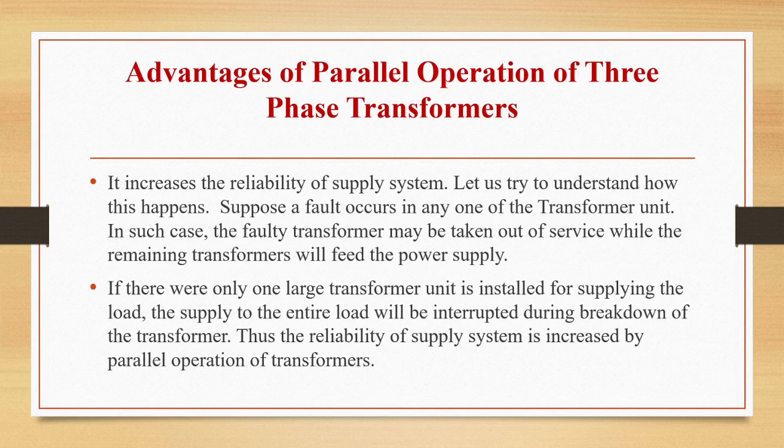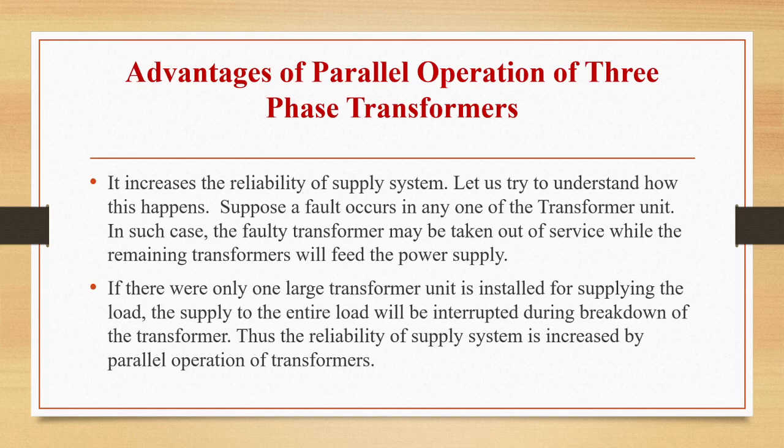If there were only one large transformer unit installed for supplying the load, then supply to the entire load would be interrupted during breakdown of the transformer. Thus, reliability of the supply system is increased by parallel operation of transformers. Even if a fault occurs on any one transformer, the remaining transformers will keep feeding the supply.